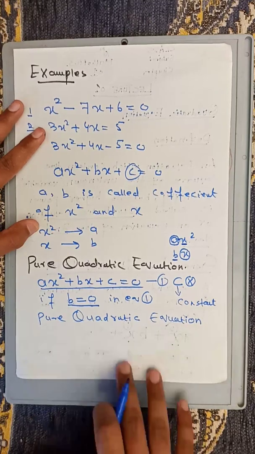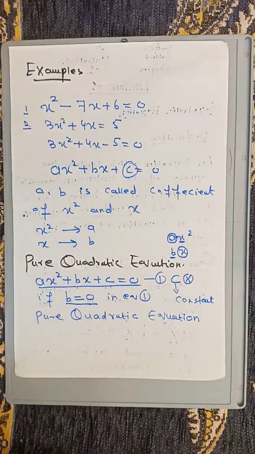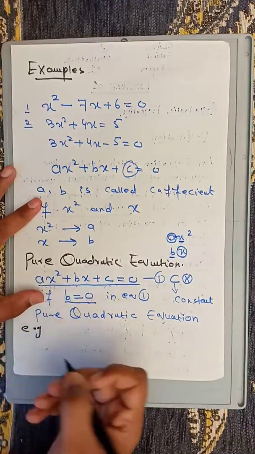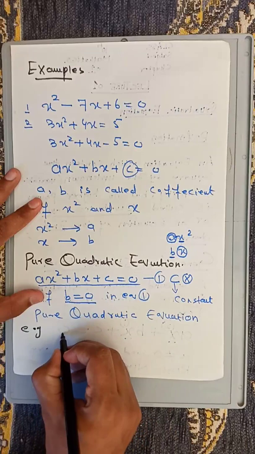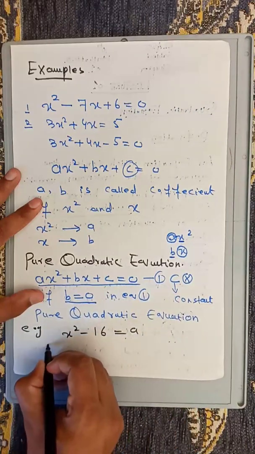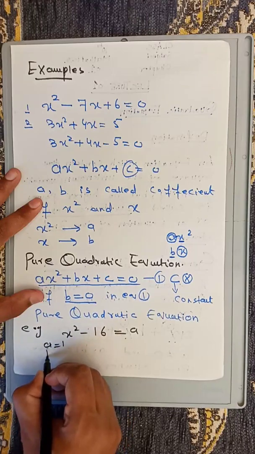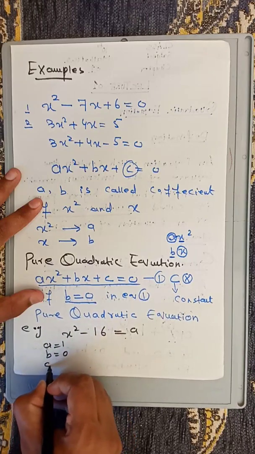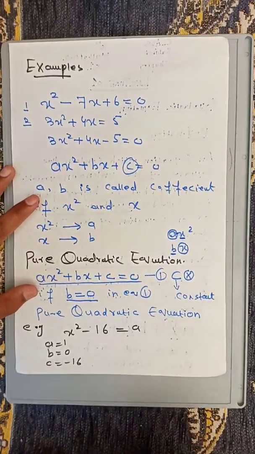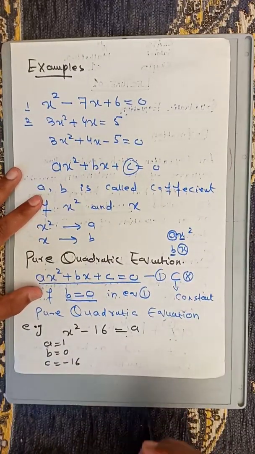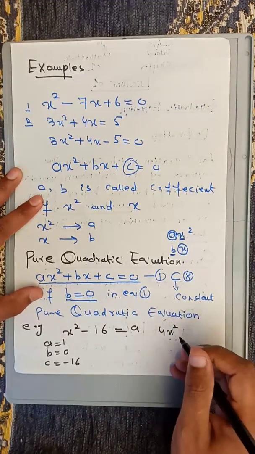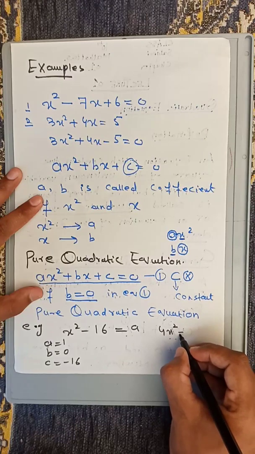Okay, so now let's take a few examples. For example, x square minus 16 is equal to 0. If you look here, a is equal to 1, b is equal to 0, and c is equal to minus 16. Okay, I take another example. For example, 4x square is equal to 7.